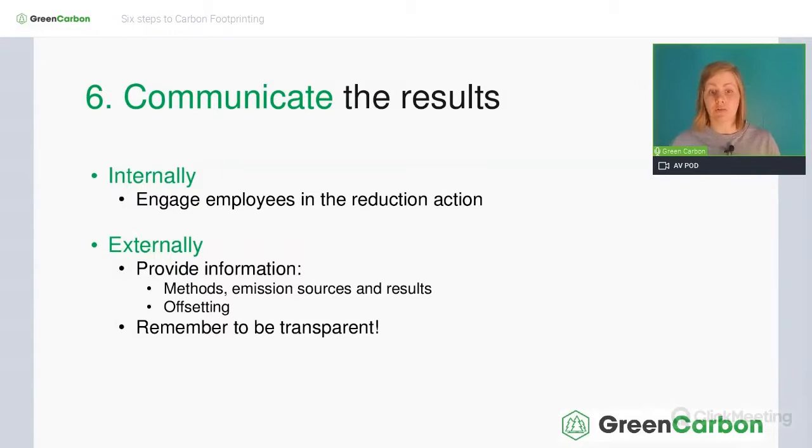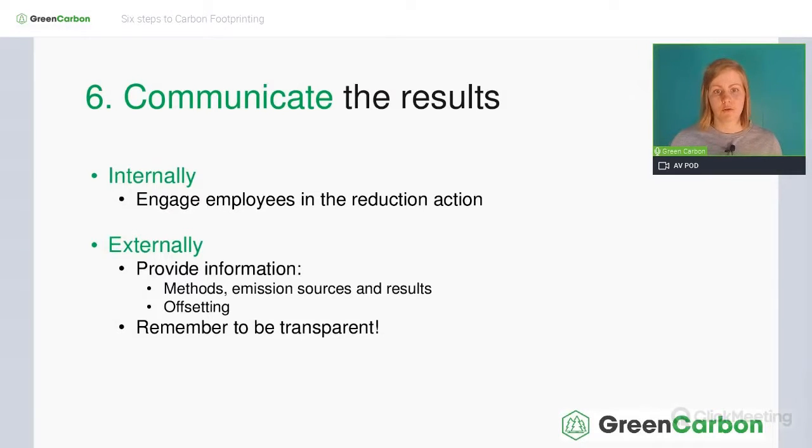And if you have offset some emissions, please tell the absolute emissions that your company causes. Then you say that we have offset these emissions, and tell what kind of offsetting units you used to offset those emissions.